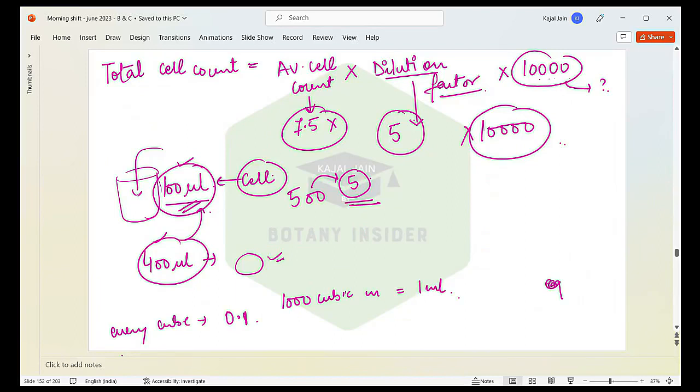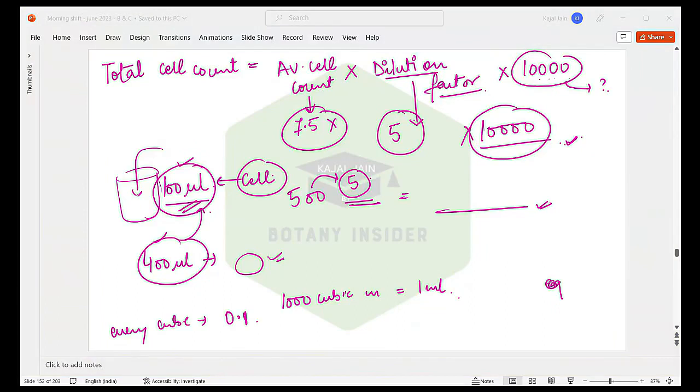You know this. So because you have 0.1 of them, I need to multiply it by 1000. So it will be 10,000. That's why the total cell count is calculated as average cell count multiplied by the dilution factor multiplied by 10,000. And when you solve it out, you will get the exact answer.